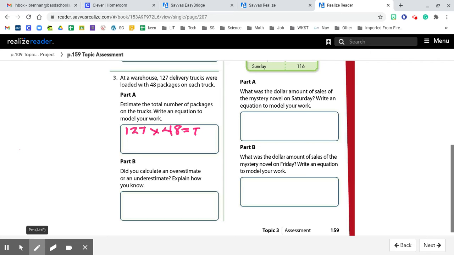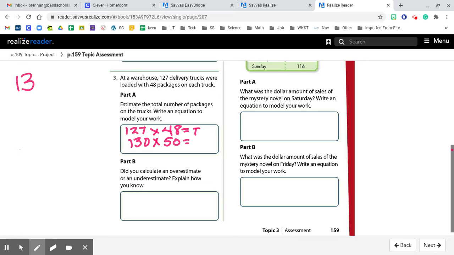So if I want to estimate, I would probably go down to, maybe make that 130 times maybe 50. I could do 100 times 50 would be another possibility. If you know what 13 times 5 is, you can do that. If you don't, like I know what that is, but you might not.